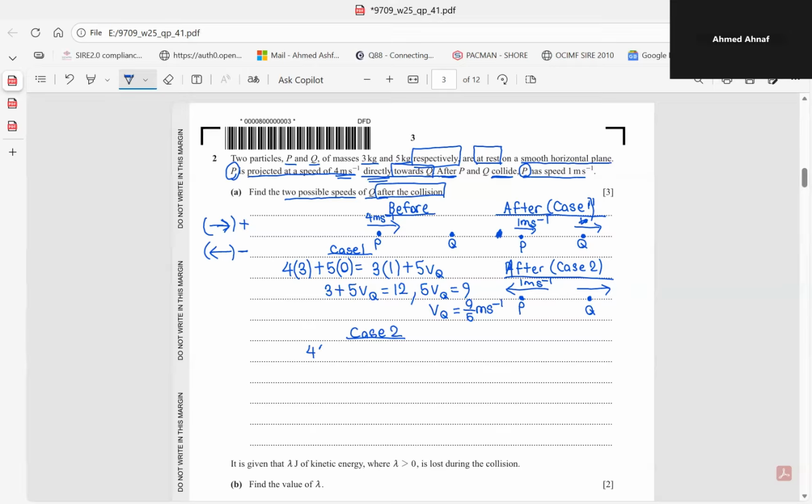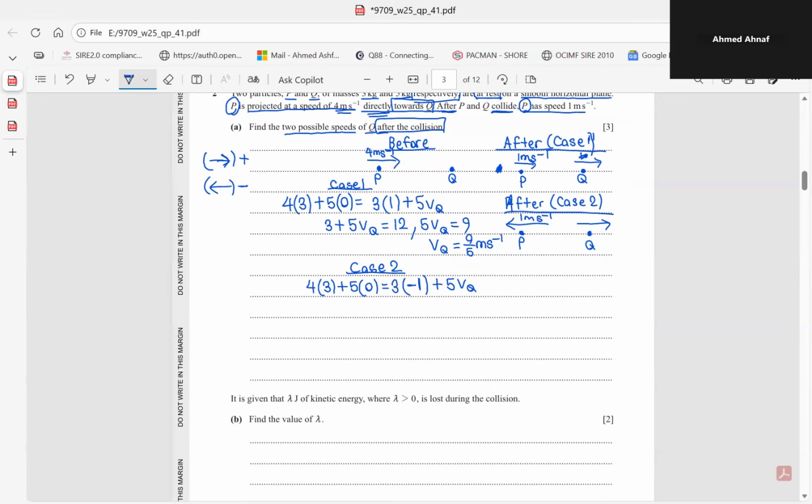yeah, the same initial total momentum, and you equate it to P. So P is 3 times, in this case, it's moving towards the left, so the velocity here will be -1. And then plus 5 VQ. So simplify everything again.